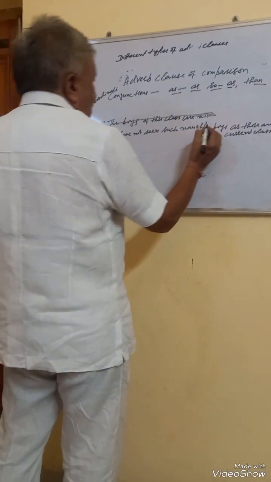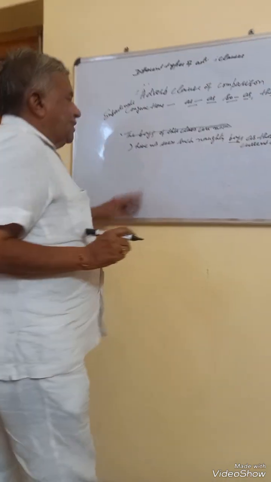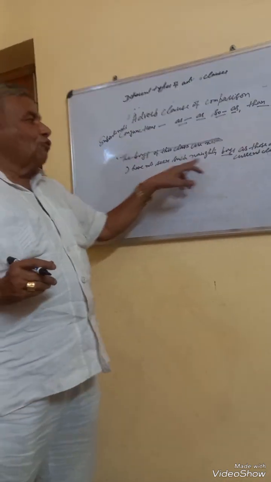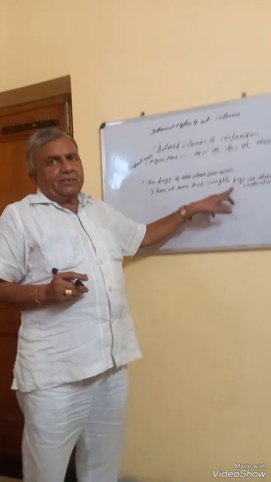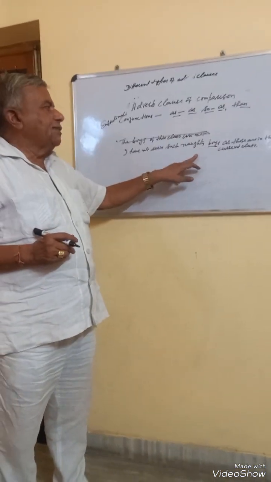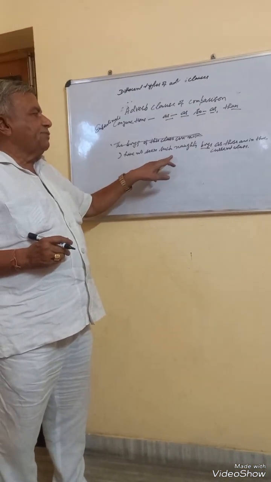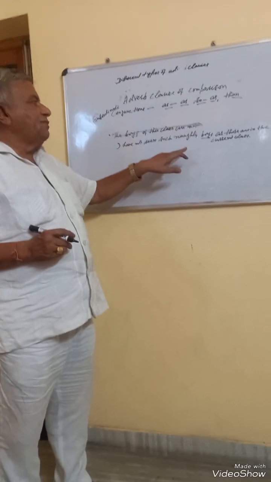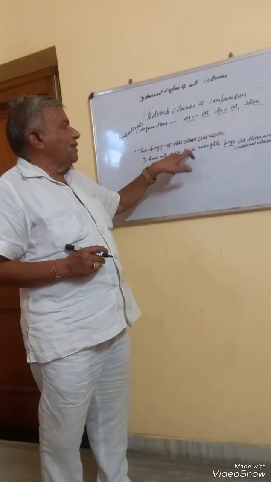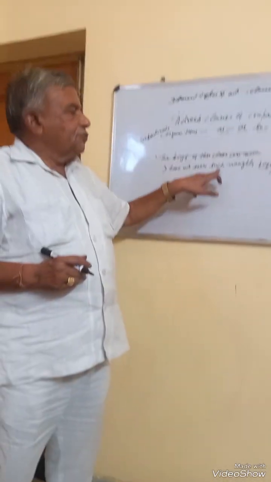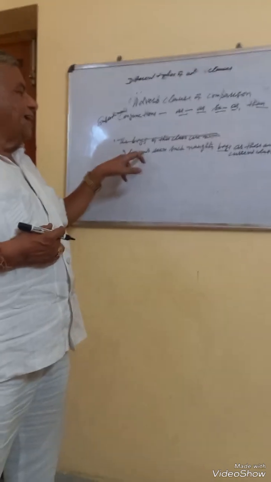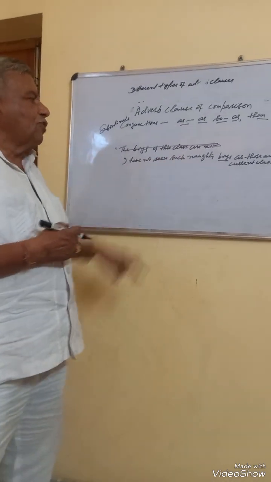Since here we have a plural noun, we cannot say "I have not seen so naughty boys." This is not allowed in grammar. When comparison is made between plural nouns, then we have to use "such" in place of "so." So the correct sentence is "I have not seen such naughty boys."